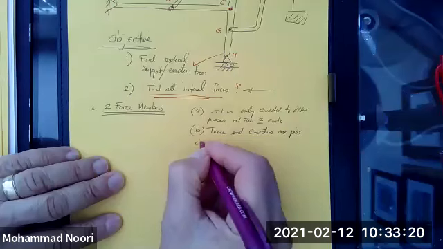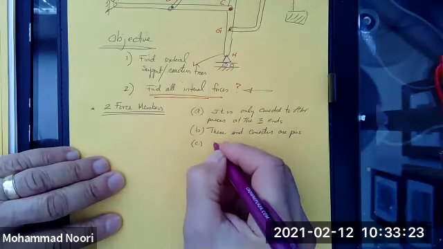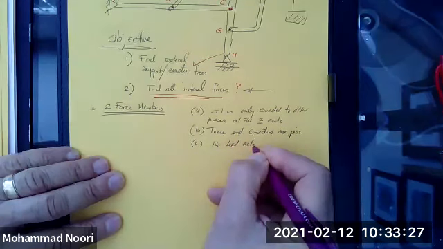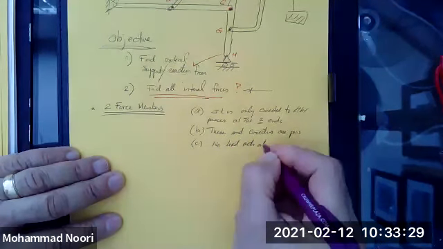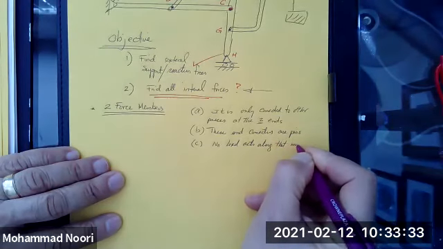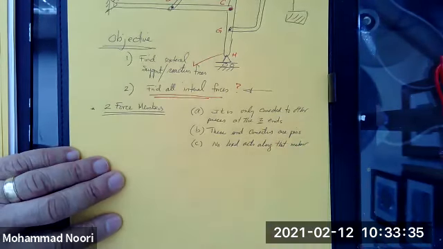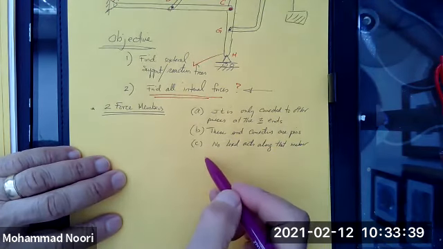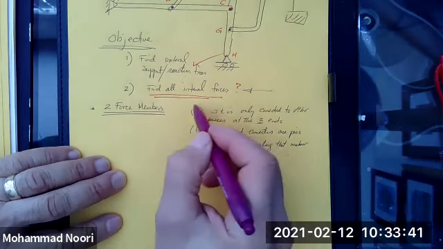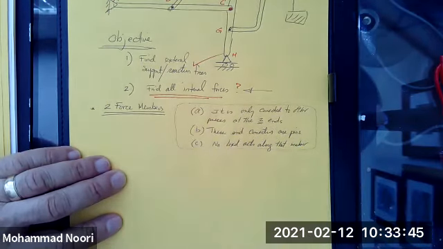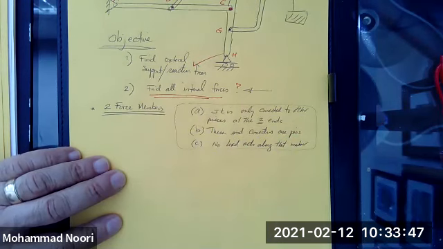Number three, no load acts along that member. So all these three conditions should be satisfied. And if these three conditions are satisfied, we call that it is a two-force member.